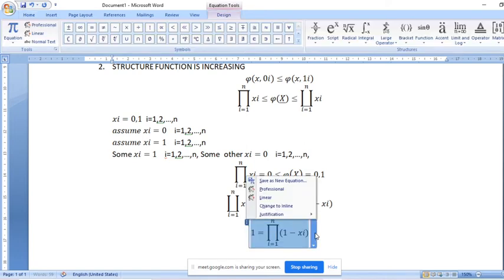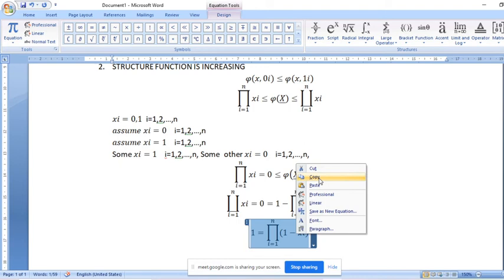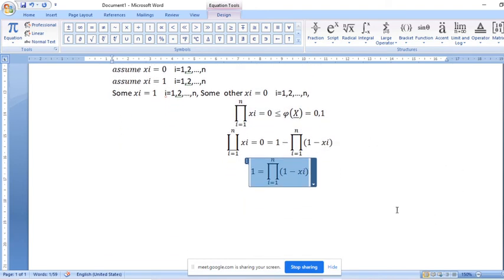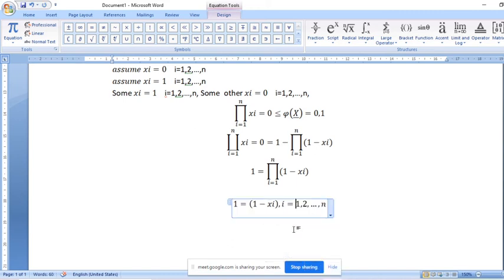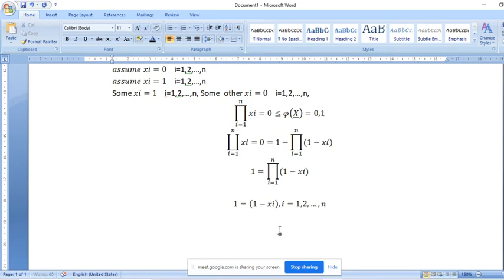Product will be 1. This is possible only when 1 minus xi equals 1 for every i, that is, only when all xi's are 0.